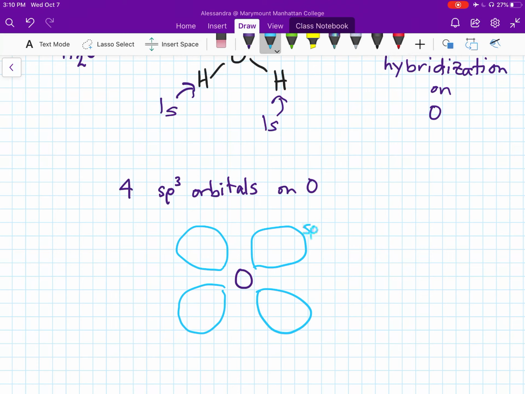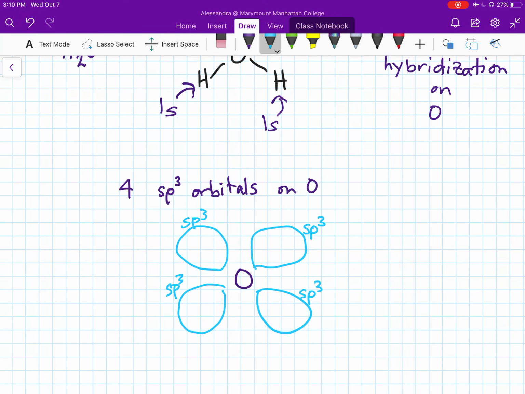So I'm going to label them. This is an sp3, this is an sp3, this is an sp3, and this is an sp3. These are my 4 sp3 hybrids. Of course, there's another shrunken lobe on the other side, and I'm just leaving that out for simplicity's sake in my drawing.